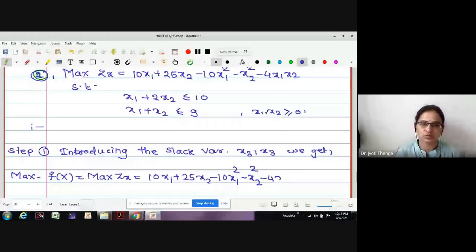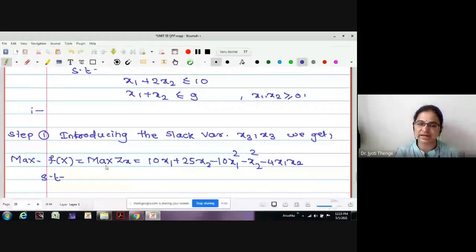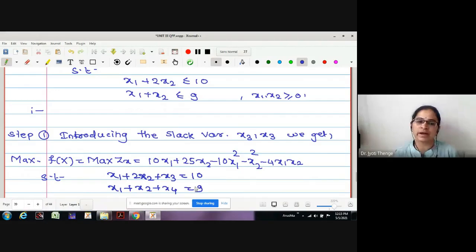Subject to the first constraint, the equality will be x1 plus 2x2 plus x3 equal to 10. The second one will be x1 plus x2 plus x4 equal to 9.